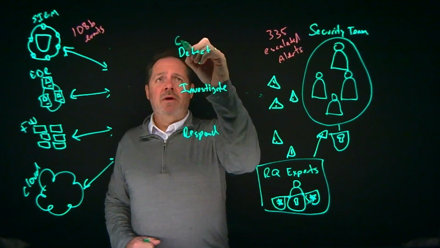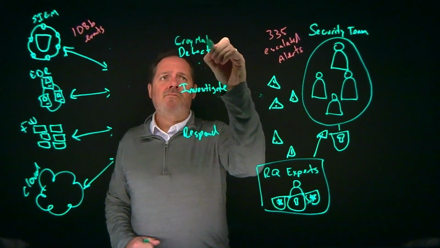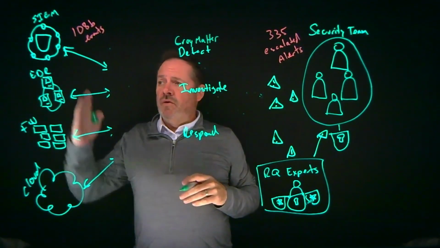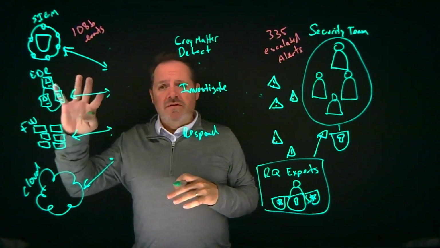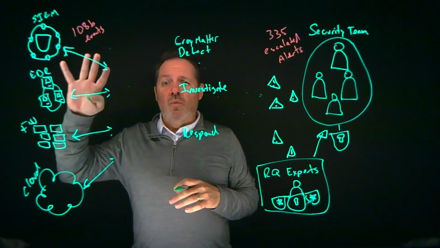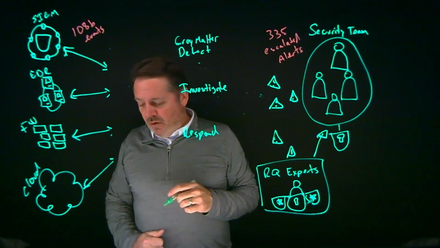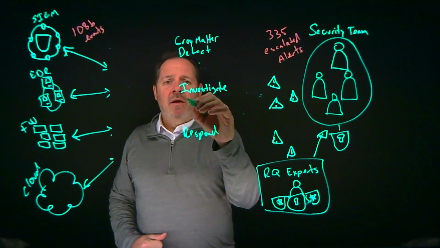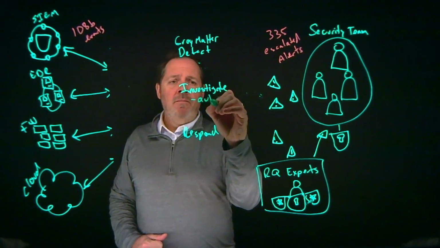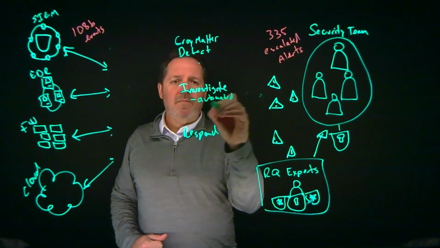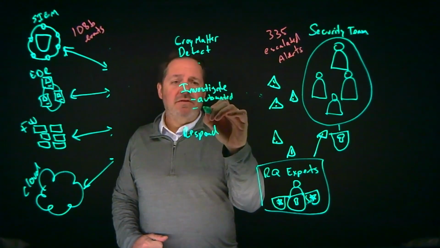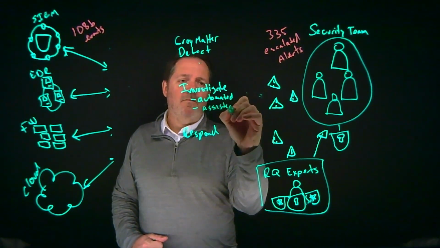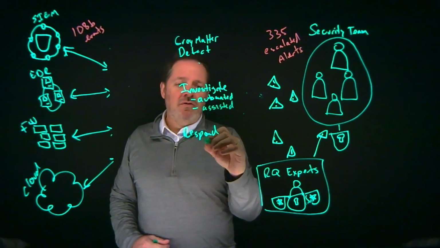So we have an ability that we call GreyMatter Detect, whose job it is to work with these tools to make sure we're detecting, out of the 108 billion events, what's going on that needs to be dealt with. We have our own investigate capability, which can be automated or it could be assisted. And then, of course, we have the ability to respond.